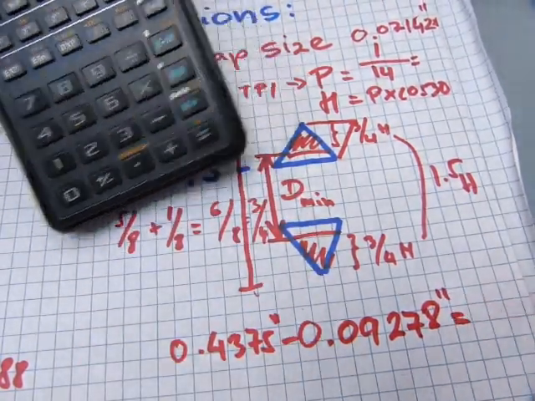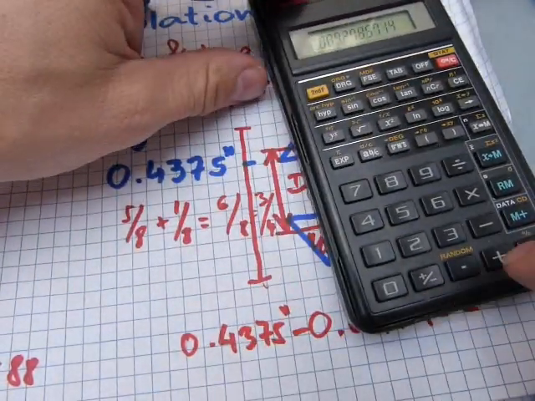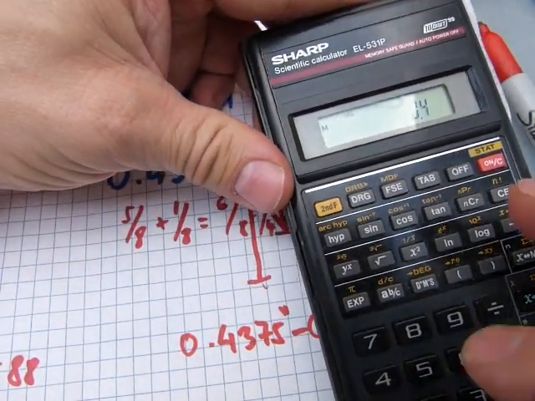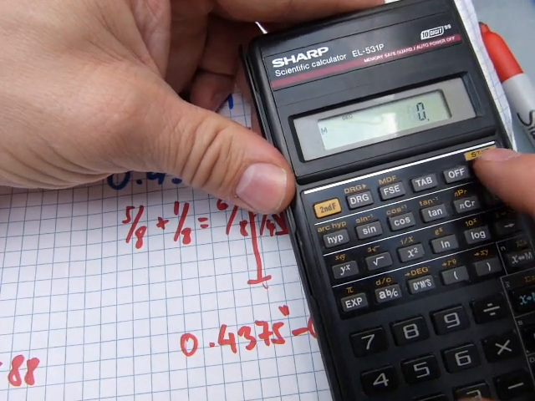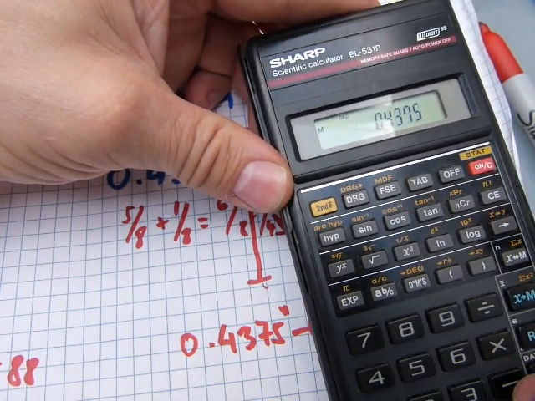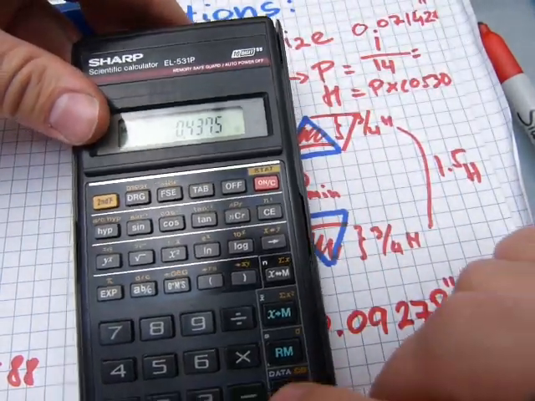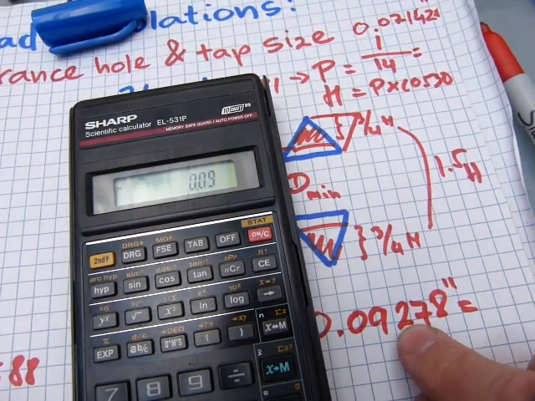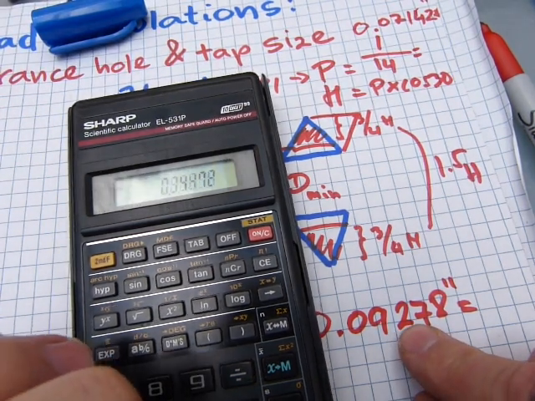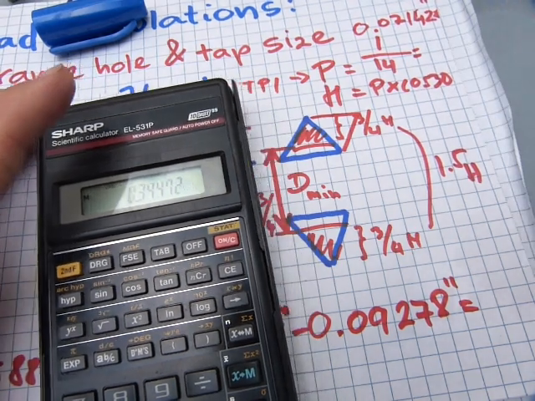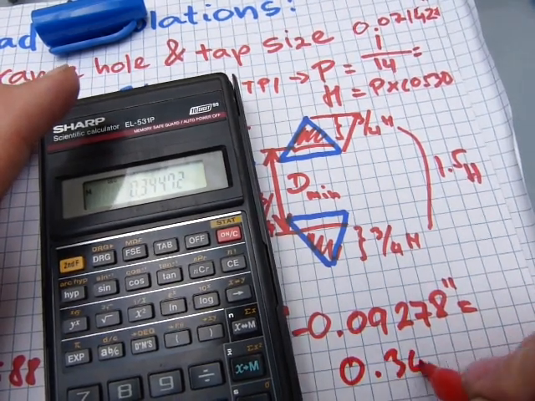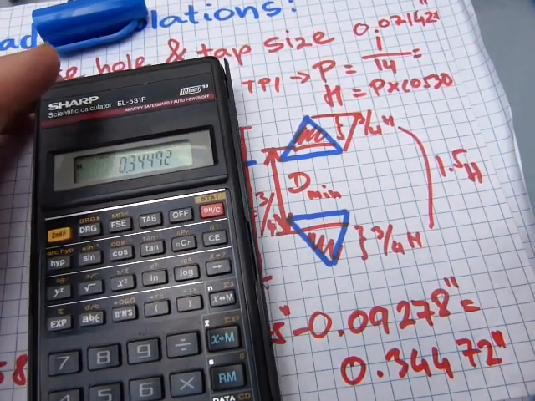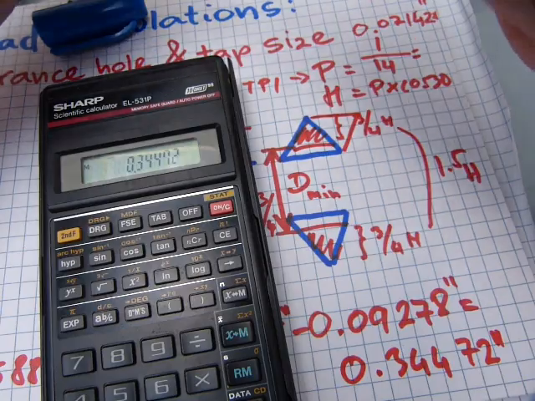That's enough digits. 0.4375 minus 0.09278 equals 0.34472 inches. So that's my minor diameter, that's my tap hole size.